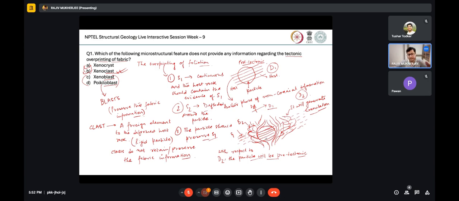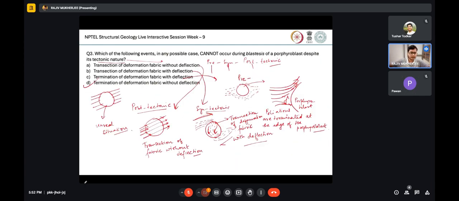And this can to some extent represent an intertectonic porphyroblast, because it was post-kinematic to the previous phase of deformation, but it is pre-kinematic to the second phase of deformation. It is occurring in between these two events. So this kind of microstructural feature may preserve some evidence of intertectonic porphyroblasts.